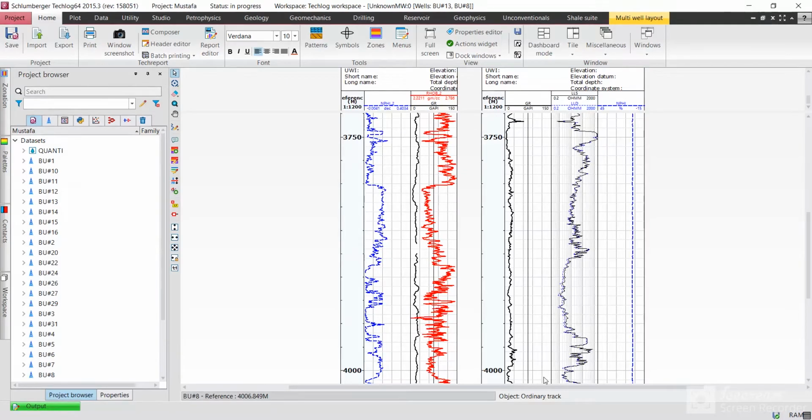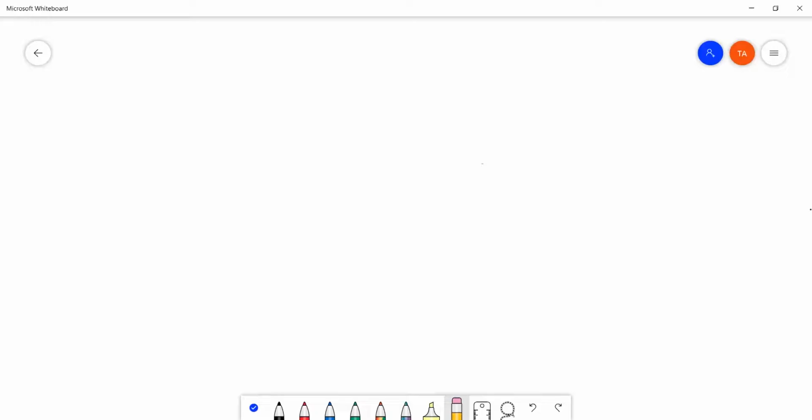So let's start, but before we work on techlog, I want to explain something right here. I'll talk about log response. So we'll talk about resistivity, density, and gamma ray logs.